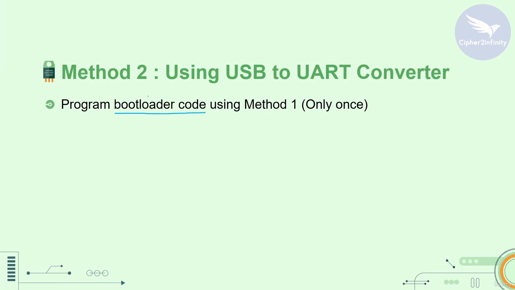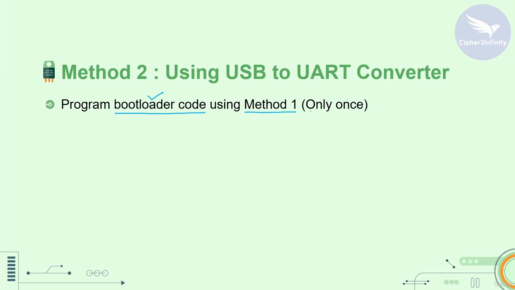So you need to program this bootloader code in the Atmega328 microcontroller using method 1, which is using the USB ASP programmer. If you have to program the microcontroller using USB to UART converter, then the first thing you have to do is program the bootloader code in the microcontroller using the USB ASP programmer.